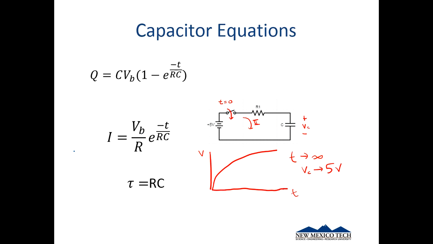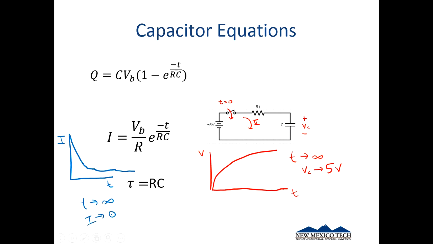If I were to plot the current, where this is T, this is I, the current drops off really quickly and eventually approaches 0. So basically, as time goes to infinity, I goes towards 0.